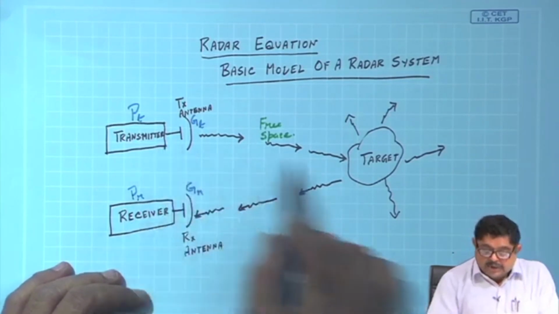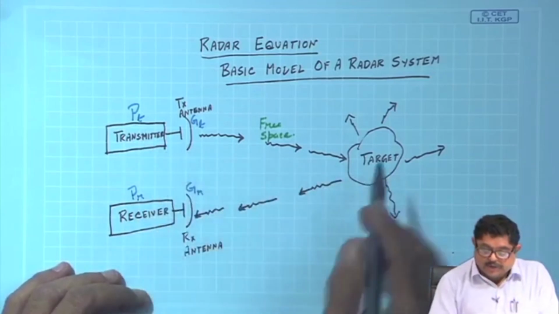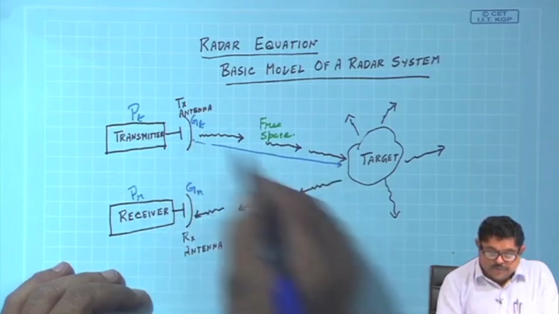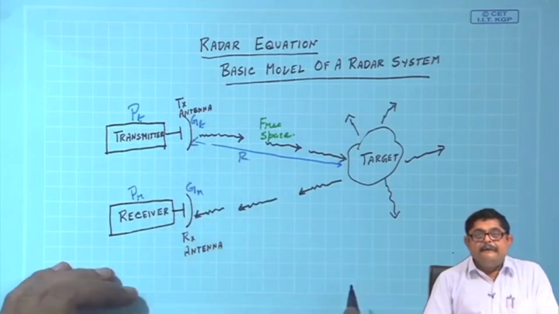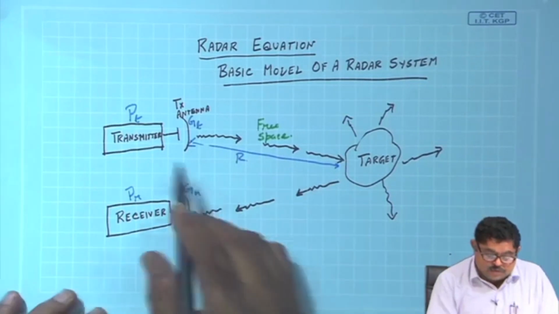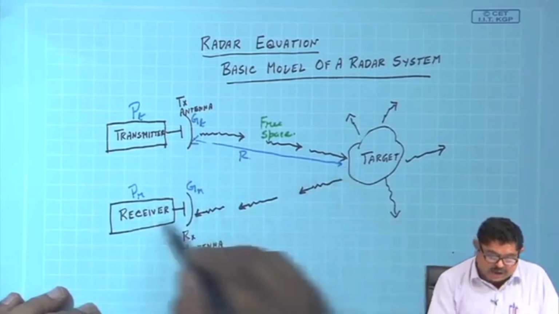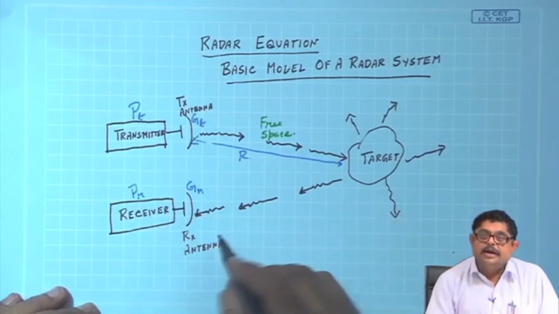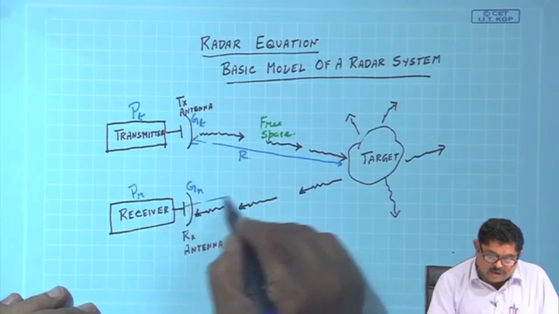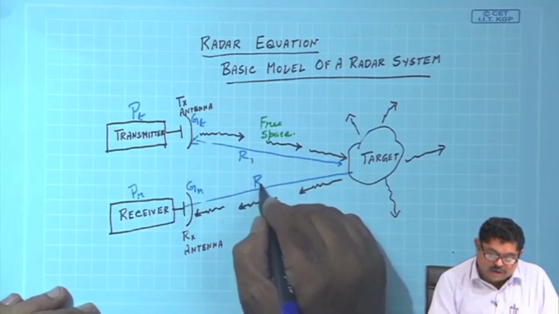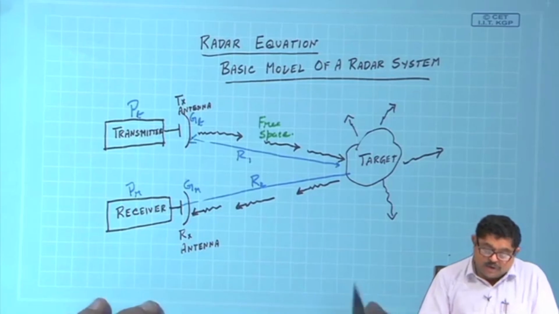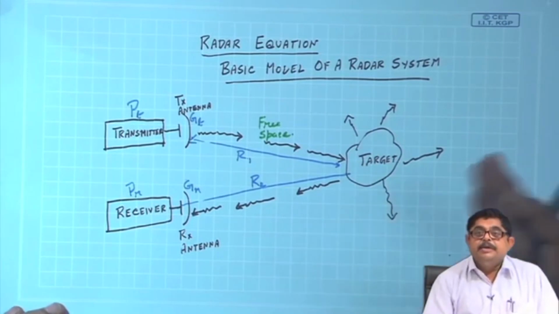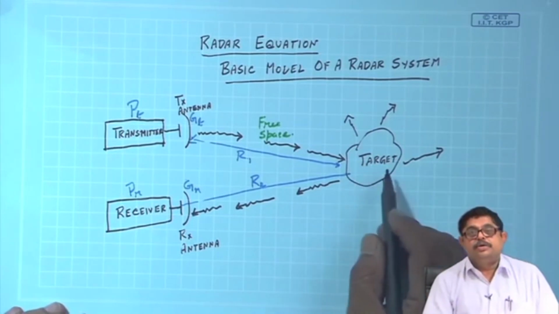And the radial distance from the transmitter to the target, let us call R. The distance from transmitter to target and from target to receiver can be different, as we discussed earlier; if it is a bistatic radar it will be different, but let us say R1 and R2 are the distances. And regarding the target, when I say scattering, there is a parameter that we will discuss next, called radar cross section.